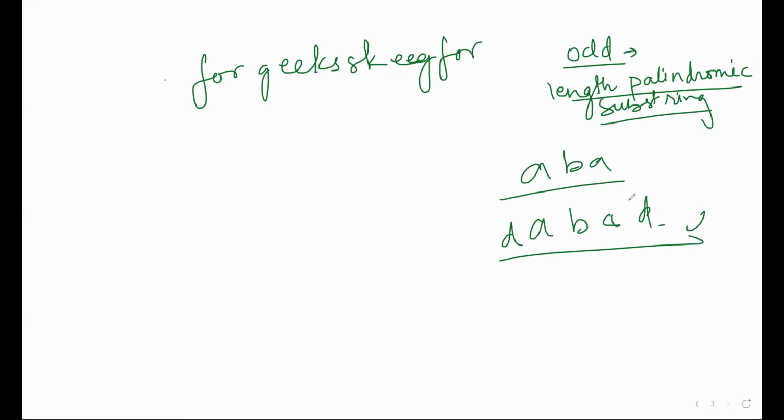So in case of odd length substrings, we have only one midpoint, and it is exactly the same about the midpoint. This is the midpoint, so it's more like a mirror image. So we can utilize the same concept here.